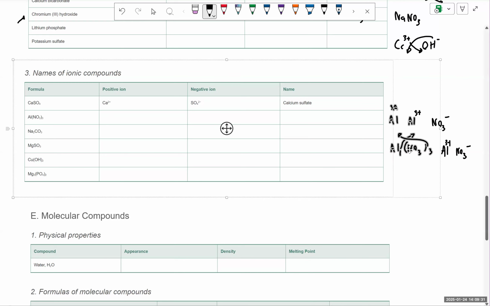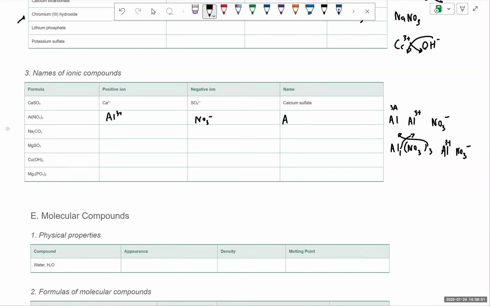Okay, so we have aluminum 3 plus, we have nitrate, which is NO3 minus, and so to name these polyatomic ion-containing compounds, you name the cation, and then you name the anion.